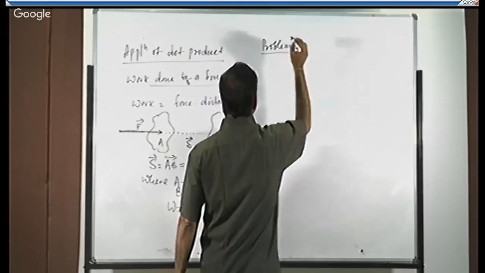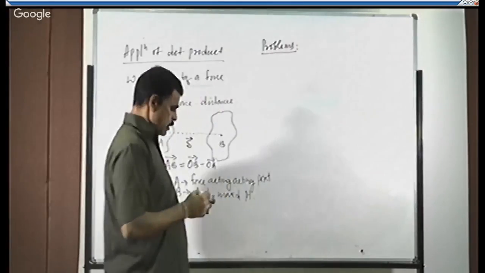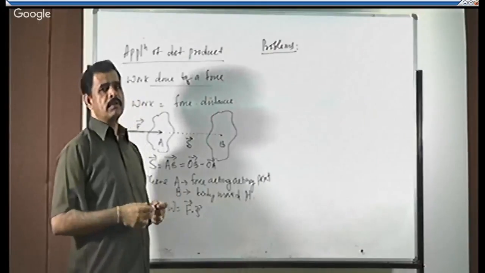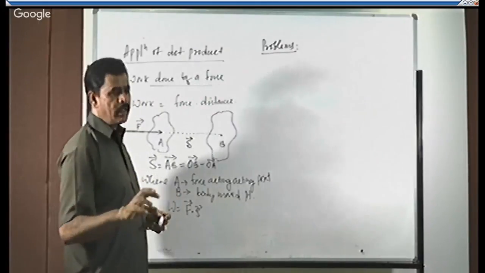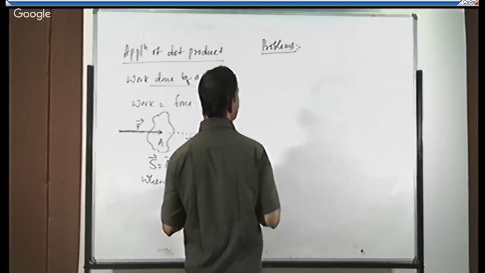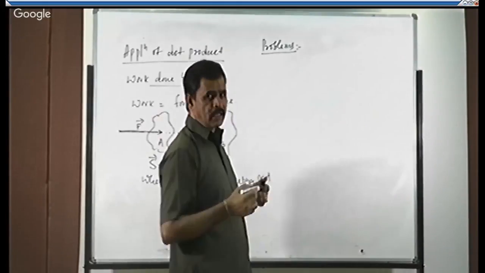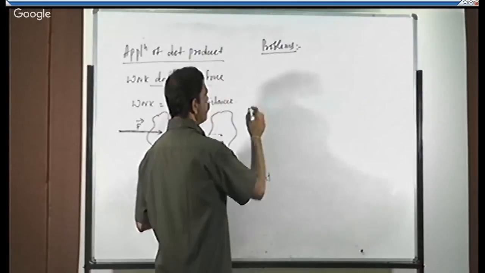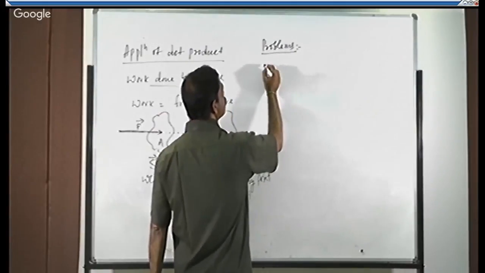Problems. So all the properties which involve the dot product and the magnitude of A or B. It's very simple. If you remember the formulas or the properties, it's easy to work out any problem.